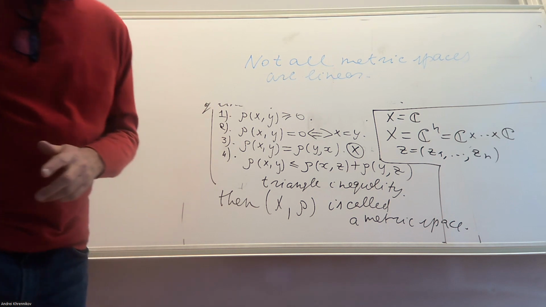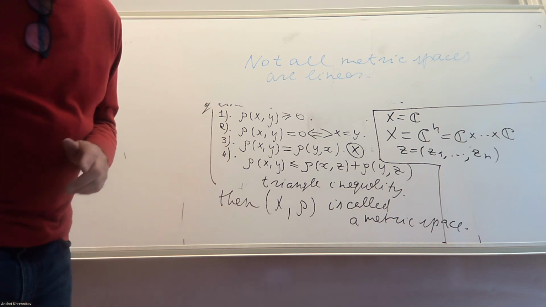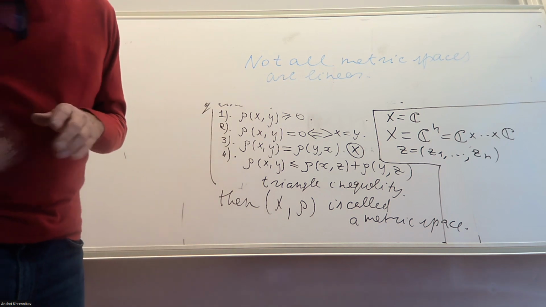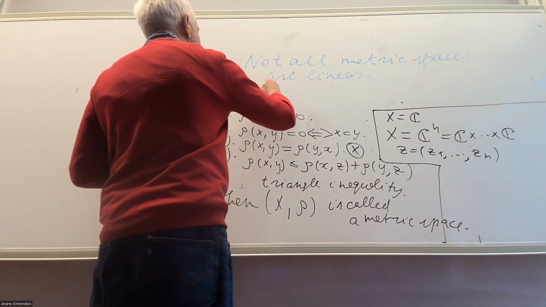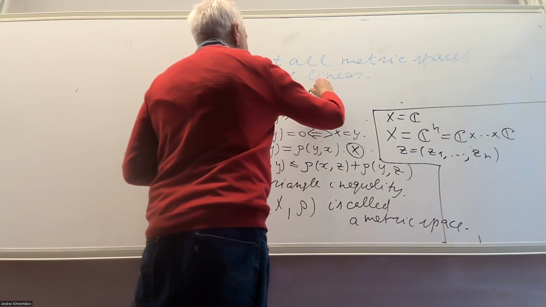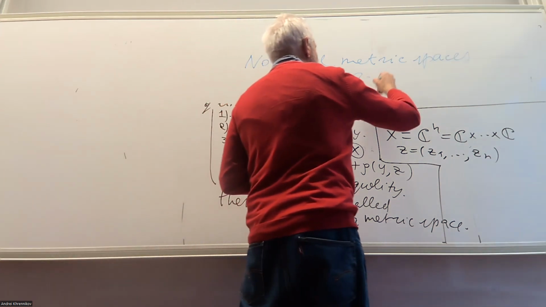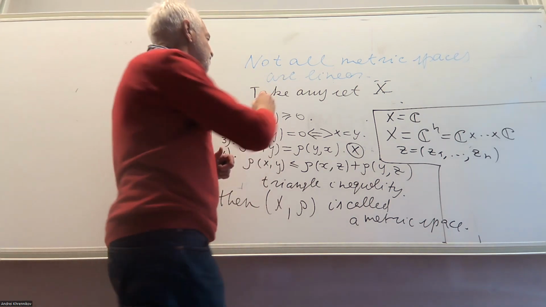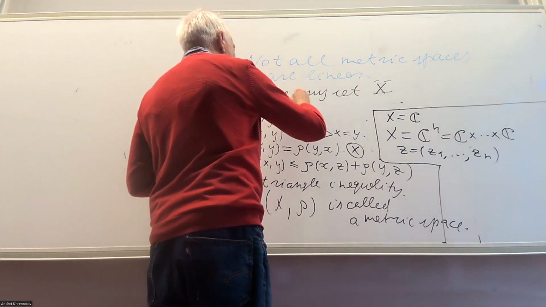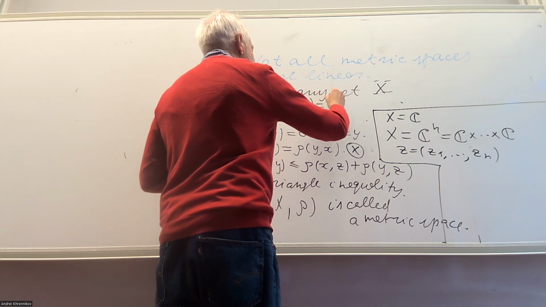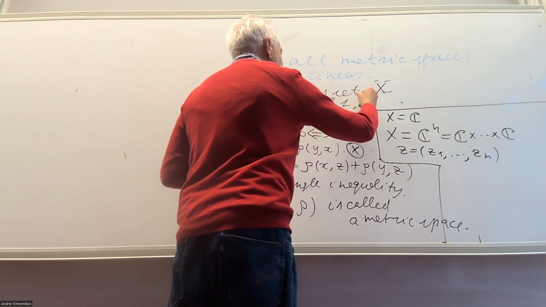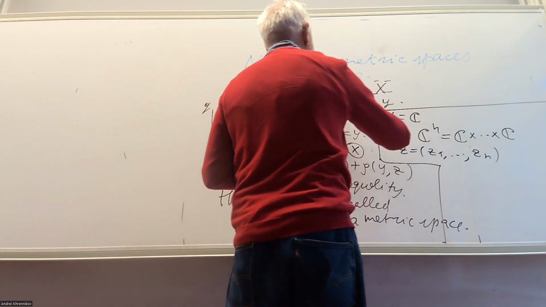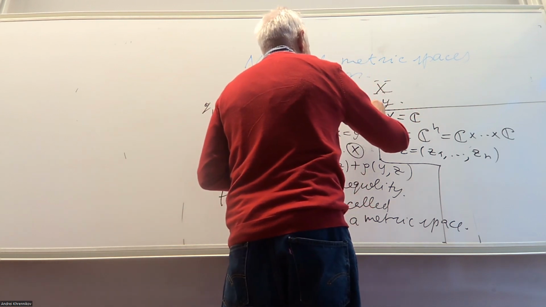So the simplest example is the following. Take any set X and introduce on this set the following metric. The distance between 2 points is equal to 1 when they are not equal and 0 when they are equal.